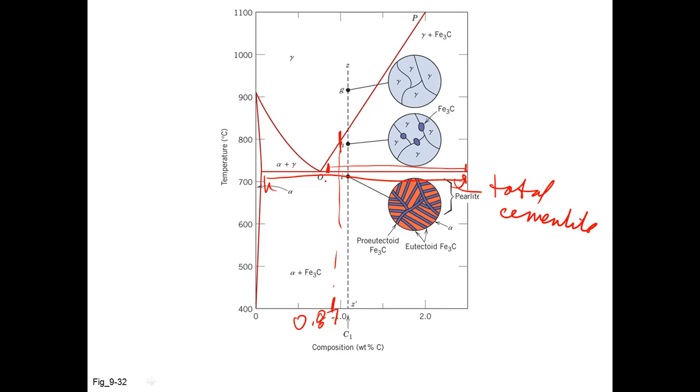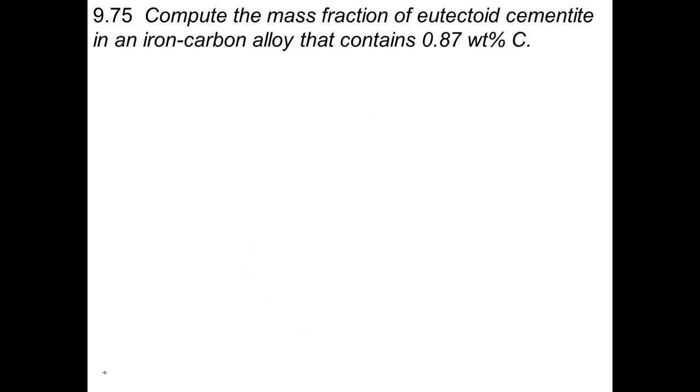And I think I called that eutectoid cementite. It's actually pro-eutectoid cementite. So let's go ahead and do that. And then once we subtract those two amounts, we'll be left with the mass fraction of the eutectoid cementite. So let's calculate the total cementite first.